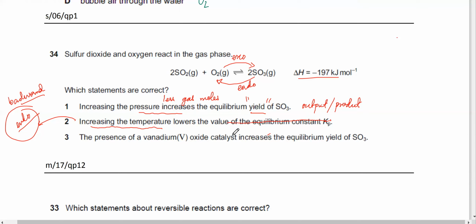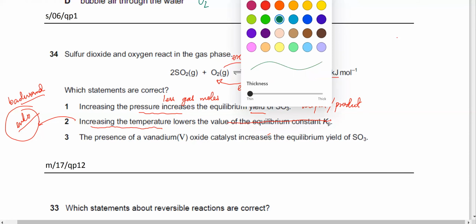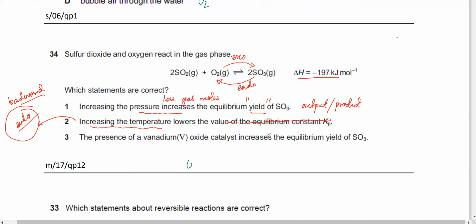What does the catalyst do? Remember, catalyst has no effect on the equilibrium position. Why does it have no effect? Because it favors both the forward and the backward reactions equally.